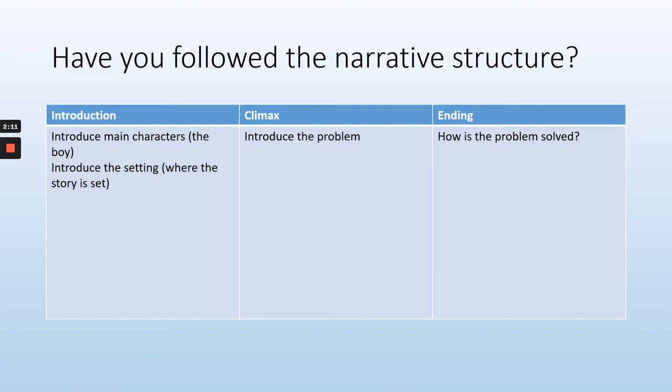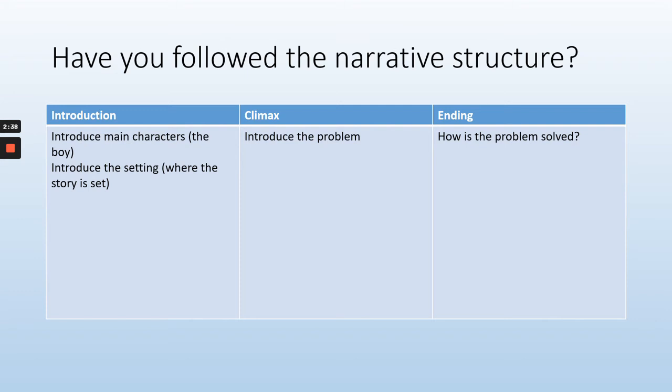Have you at the beginning introduced the main characters and introduced the setting where the story is set? Pause the video while you check that you, at the beginning of the story, introduced the boy and talked about where the story was set. Pause now.